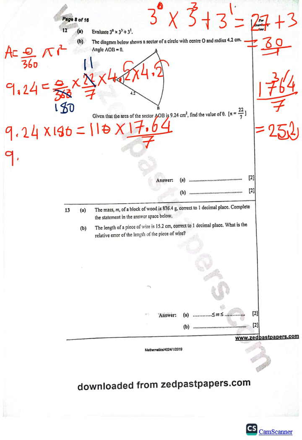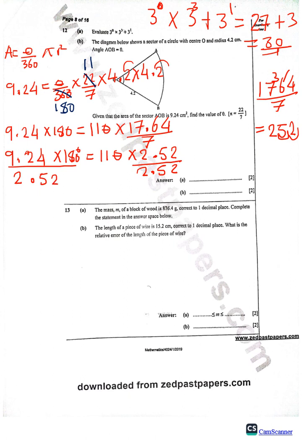So we can now proceed. 9 times 24 times 180 is equal to 11 theta times 2.52. So we can divide both sides by 2.52 so that I can cancel.